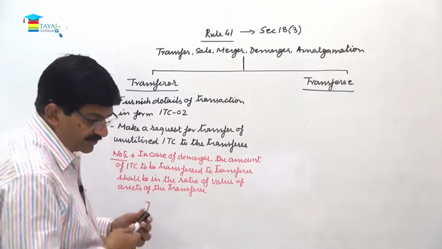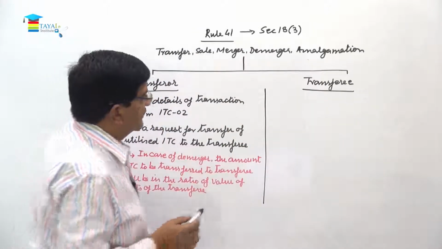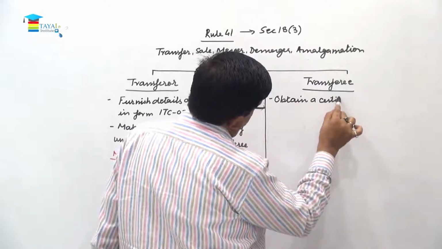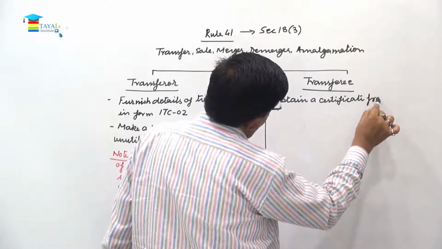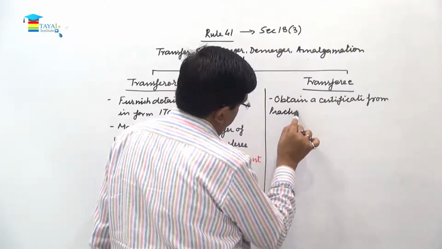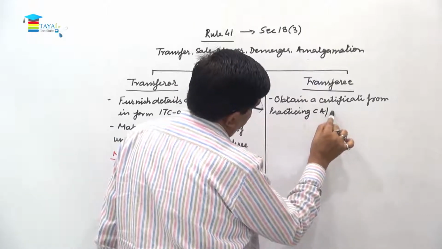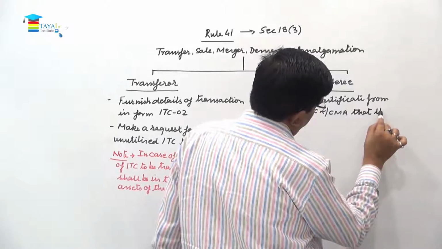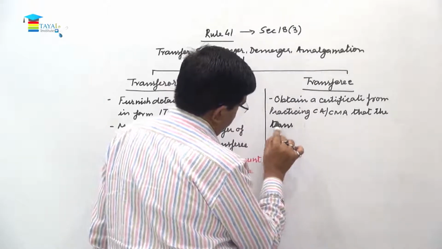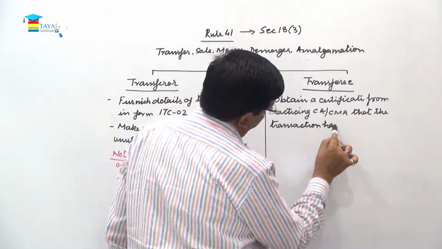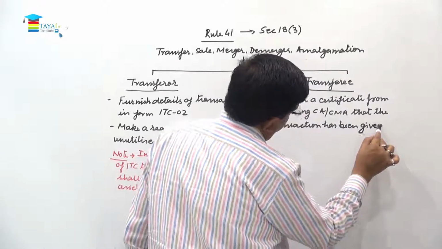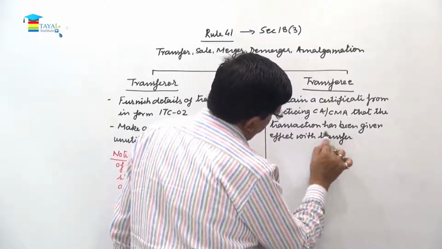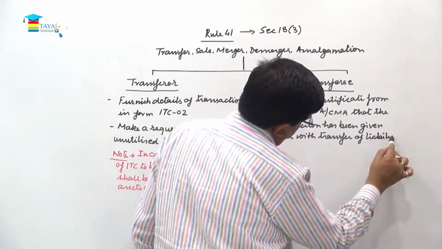Now what the transferee has to do: obtain a certificate from a practicing CA or CMA, that is cost accountant, that the transaction has been given effect with transfer of liabilities.